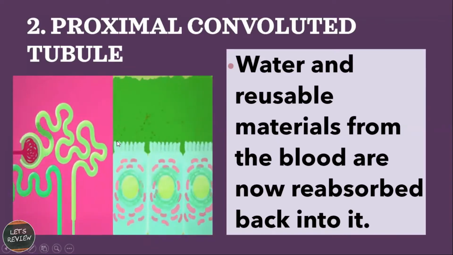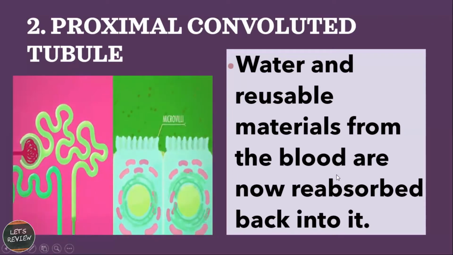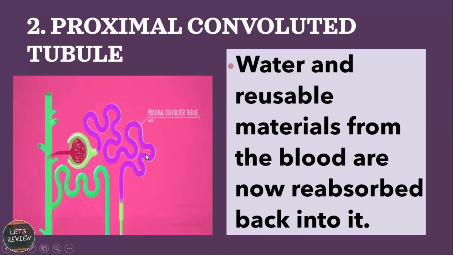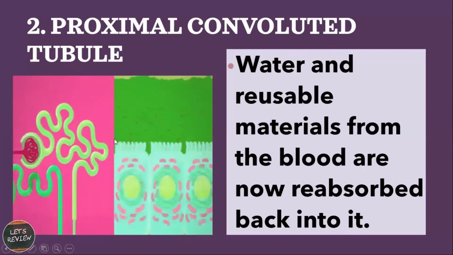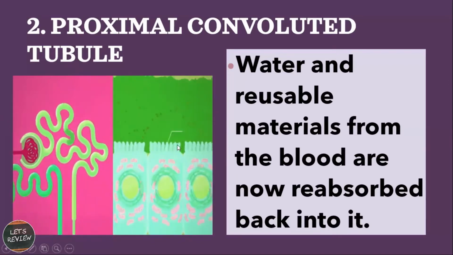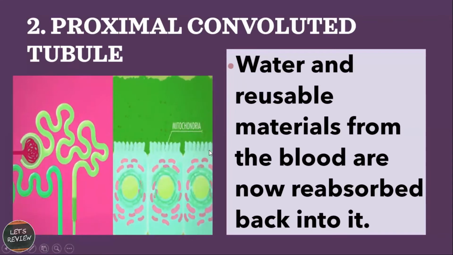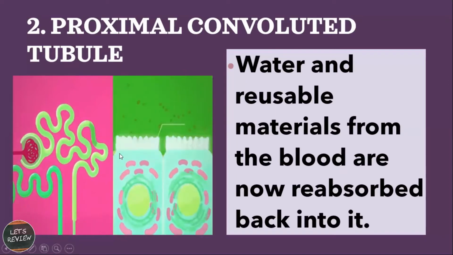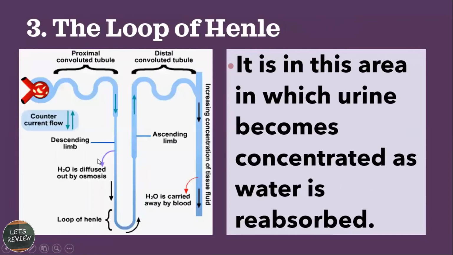Again, the water and some reusable materials that are still needed by our body will still be part of the blood, and it will be reabsorbed. Inside it, I want you to look at the animation composed of some mitochondria, the powerhouse of the cell, and some microvilli to make it work.